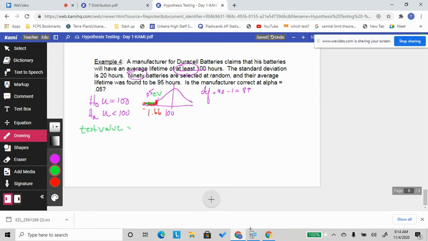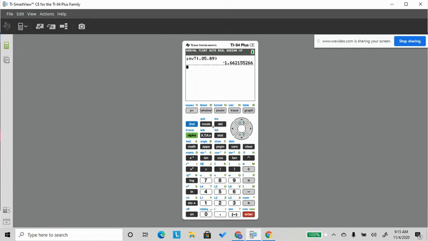Okay, so the test value, T, is equal to the sample mean, 95, minus 100, over the standard deviation, 20, and the sample size is 90. Don't put 89 there. Okay, so we're going to go to our calculator, stat, test, t-test.